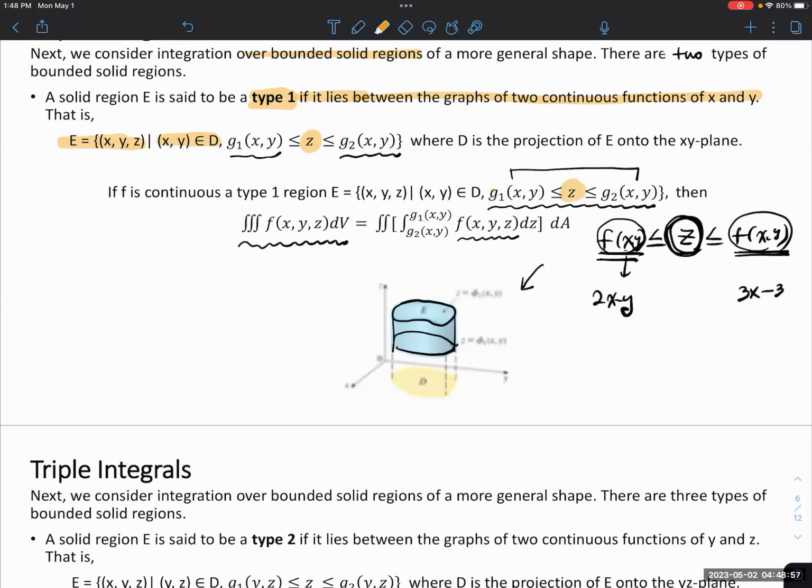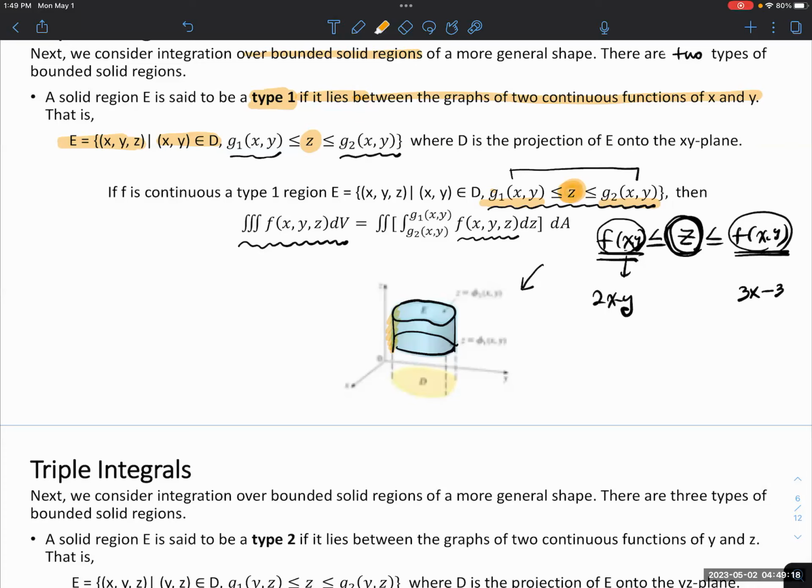So for the z interval, because this is going to be 3 variables, each of the x, y or z variables can be written by a function. So that z interval is going to be between two functions of the two variables x and y. Okay. So that's case 1.